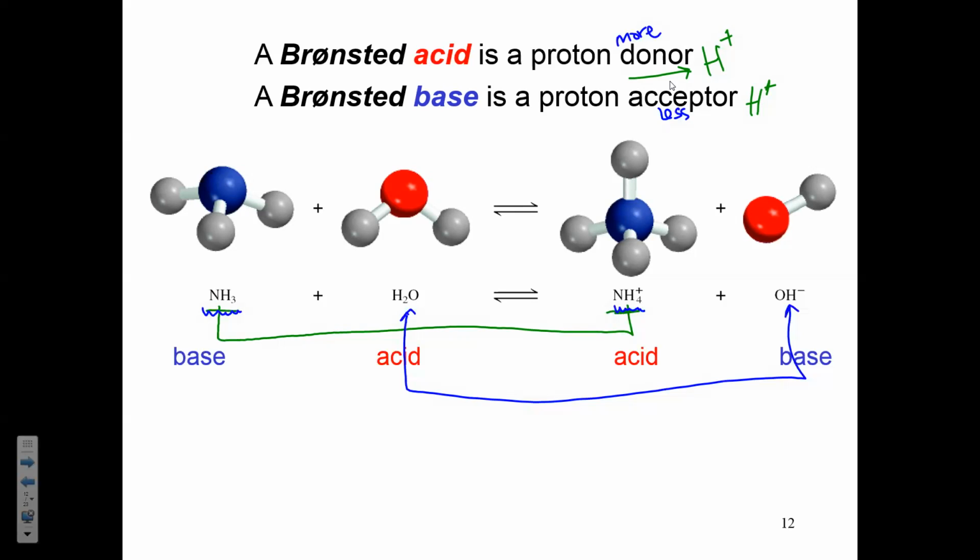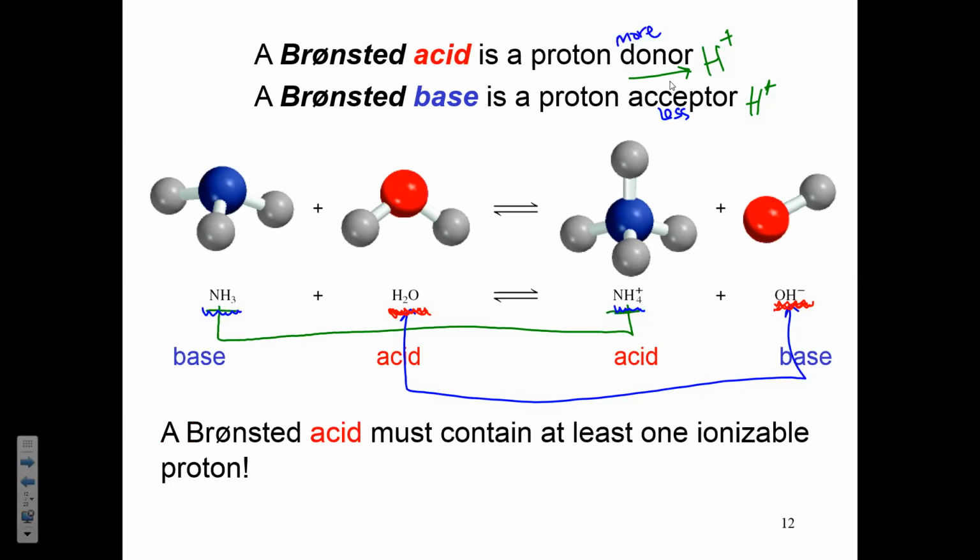If we look at this other pair, we see that this one has more hydrogen and this one has less hydrogen. Here's my acid, here is my base. More hydrogen, less hydrogen. Let's try another one. To be able to donate this proton, we obviously have to have one or an extra one. And so our acids always need to contain more protons, or more of those H's.